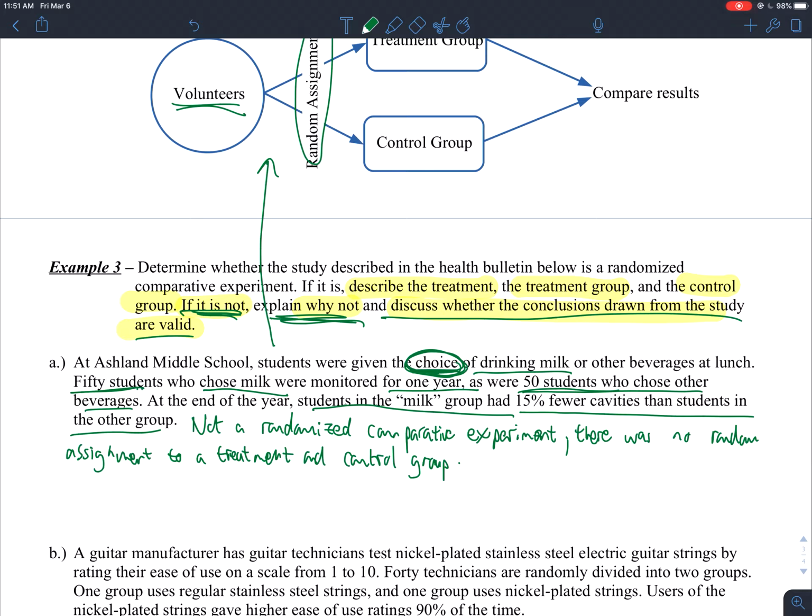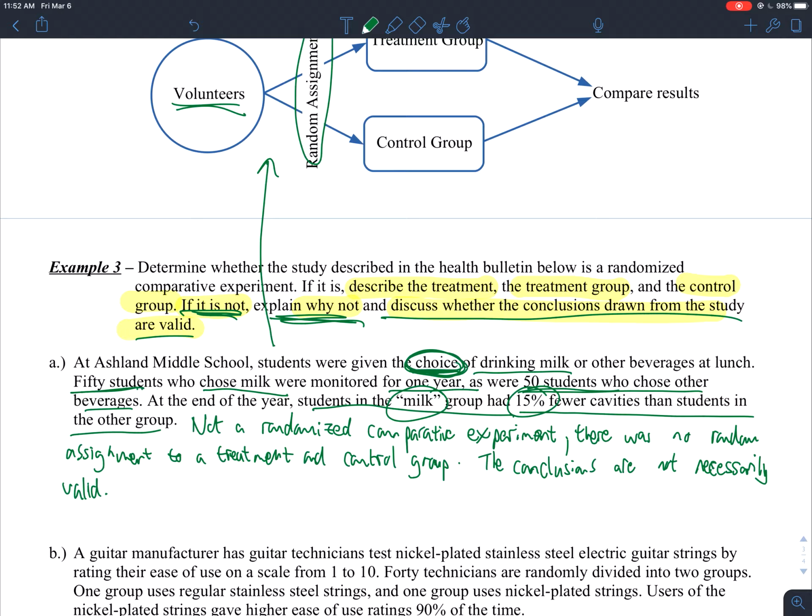Discuss whether the conclusions from the study are valid. At the end of the year, students in the milk group had 15% fewer cavities. Now you should pause the video and think about this very clearly for yourself, please. Always when we do examples, pause the video and think about it. What could have happened here? I'm going to give you one thing that could have gone wrong. The conclusions are not necessarily valid.